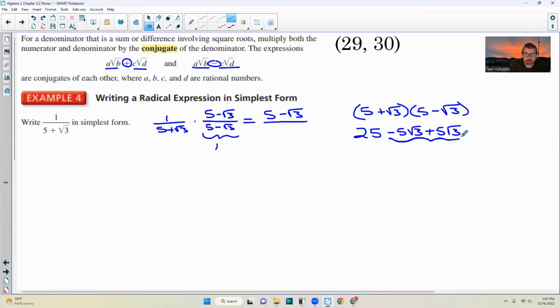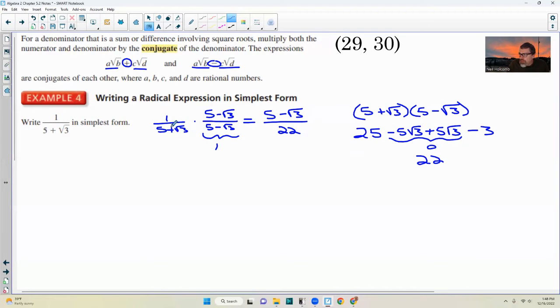And those two values cancel. That's 0. And then plus times a negative is minus, and the square root of 3 times the square root of 3 is 3. So 25 minus 0 is 25, minus 3 is 22. So we have 5 minus the square root of 3 over 22.